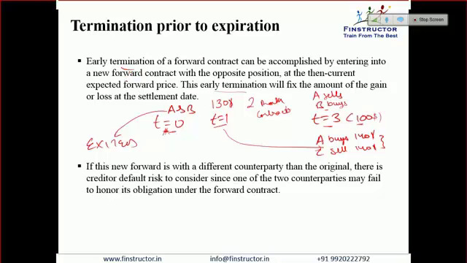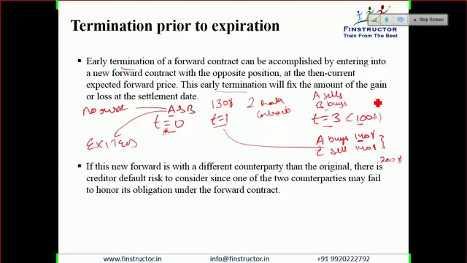That is to say that going forward, A has no price risk, or the price of the book can go up further. It will not impact A because A has already agreed to buy it at $140. So now even if the price of the book becomes $200, A will not suffer any more loss.